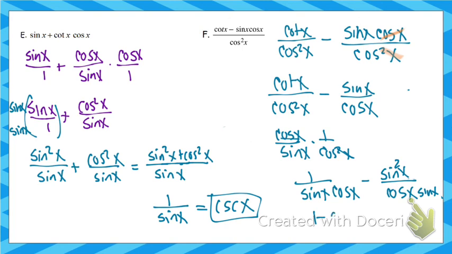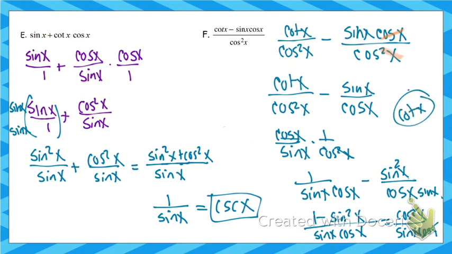Now I have the same denominator. And then I have a Pythagorean identity. So 1 minus sine squared is cosine squared. Your cosine will cancel out with one of your cosines. You're left with cosine over sine, which gives you cotangent. Same answer, a different way of getting there.